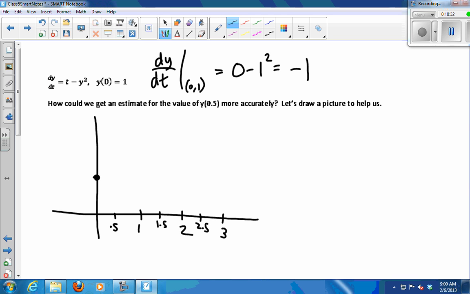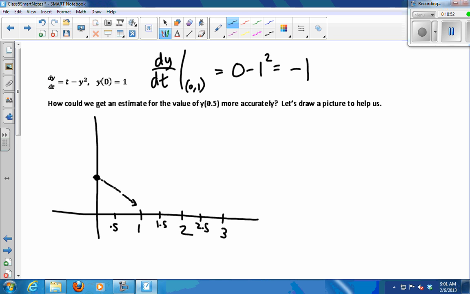Okay. So I'm just going to take a step 0.5 to the right. Okay, so my tangent line looks like this. I'm moving in this direction, right? To make a slope of -1. But I'm going to use the tangent line as an approximation to the curve.